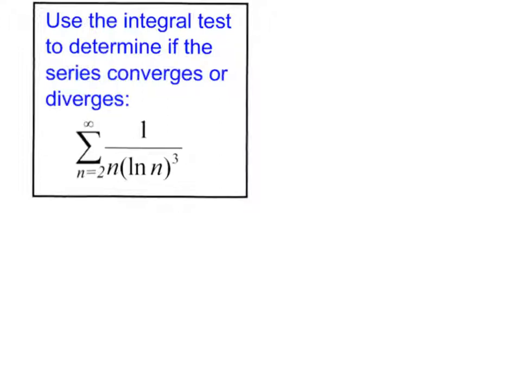Now, there are a couple pieces with integral tests that we usually don't need to think about a whole lot, but they're worth mentioning. One thing is that to do integral tests, the terms must be positive. And you can see in this case that will be true. I'm going to put a little check, because obviously it's not alternating. There are no negative terms here.